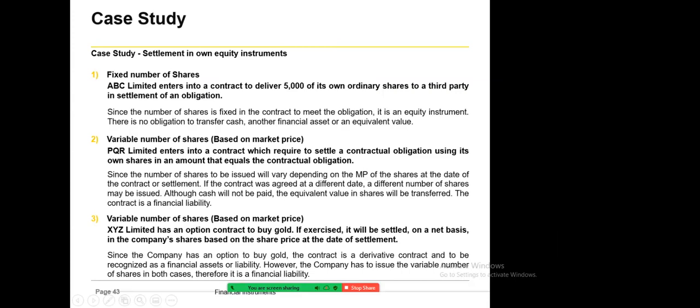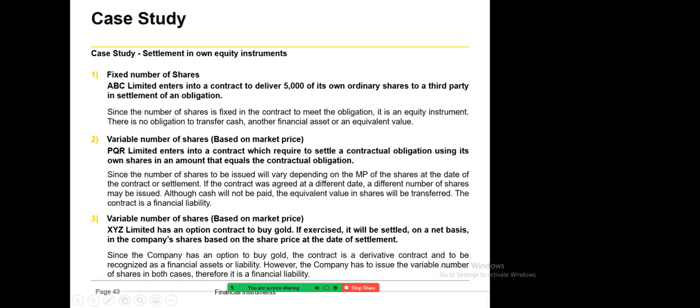Variable number of shares, XYZ Limited has a contract option to buy gold. If exercised, it will be settled on a net basis in the company's shares based on the share price at the date of settlement. So here, what it is saying is that A Limited has an option contract to buy gold.